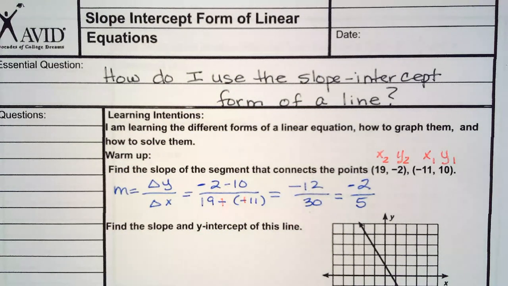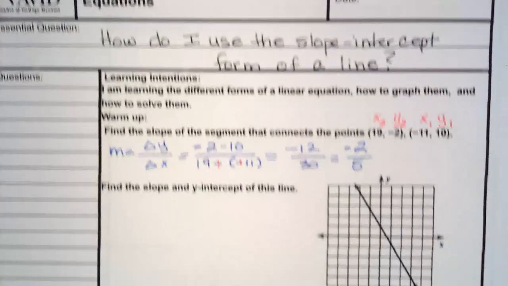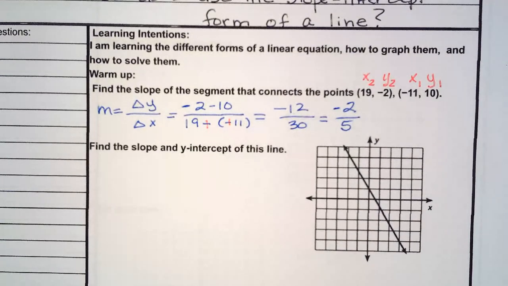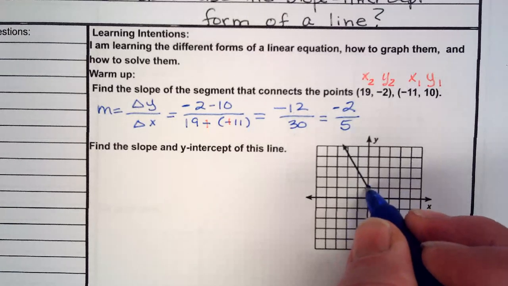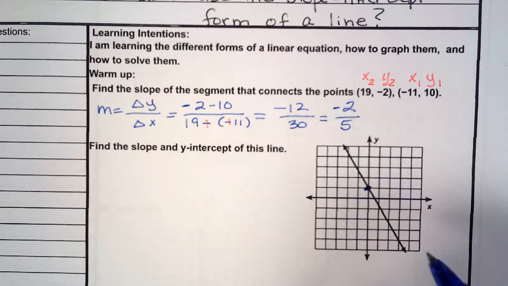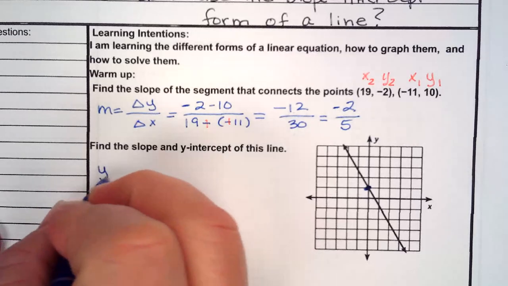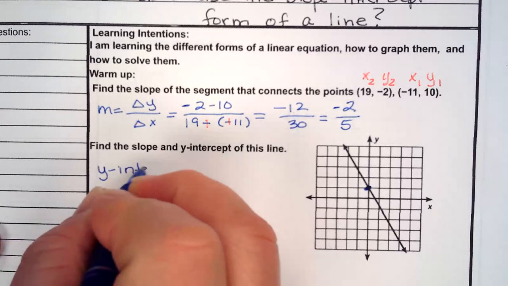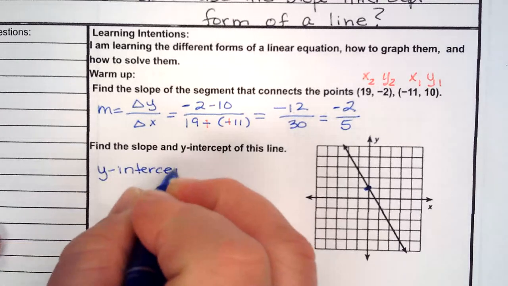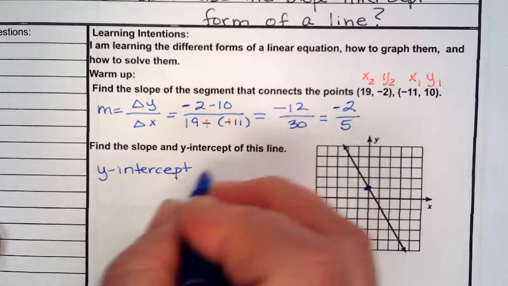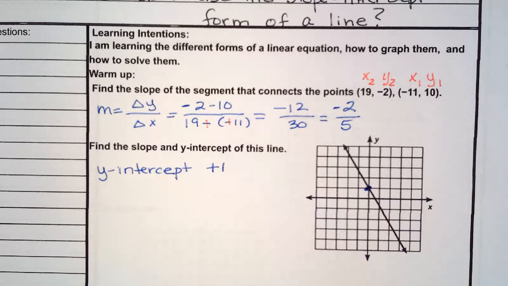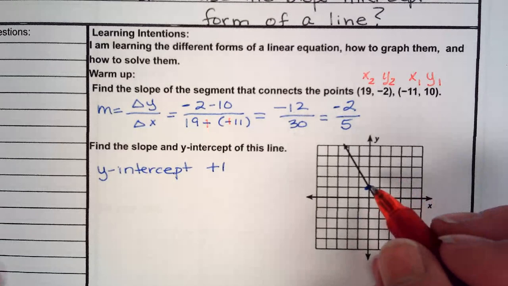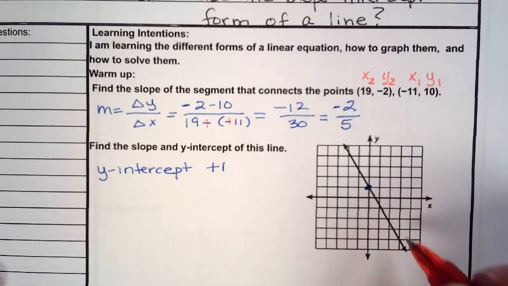So let's find the slope and y-intercept of the line. The y-intercept is actually the easiest one to find because it's where it goes across the y-axis. So your y-intercept is 1. The slope, however, is negative. This time I have to find 2 places where it crosses the corner of a box.